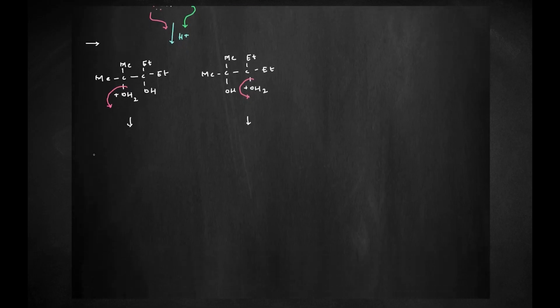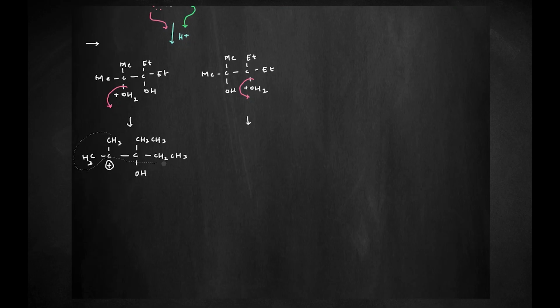Look at here, I will write methyl as CH3 properly so that we can count alpha hydrogen here. Now this is ethyl means CH2 CH3, this is CH2 CH3, so this will be carbocation here and this will be OH.